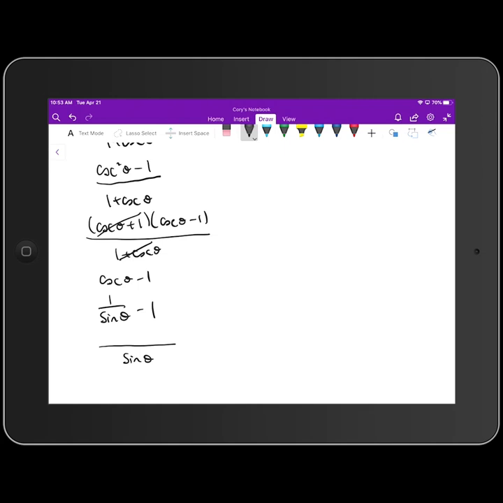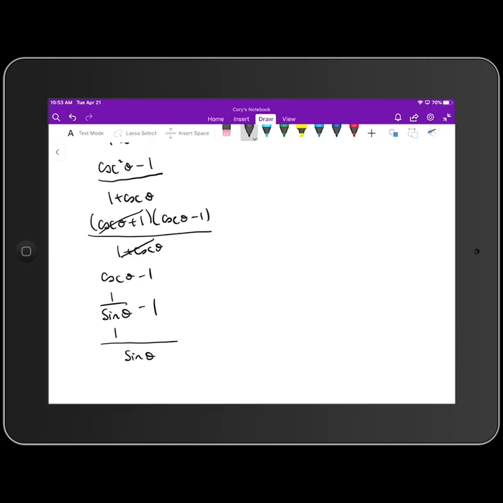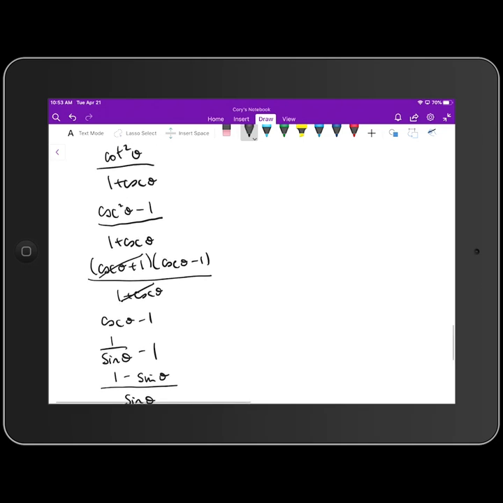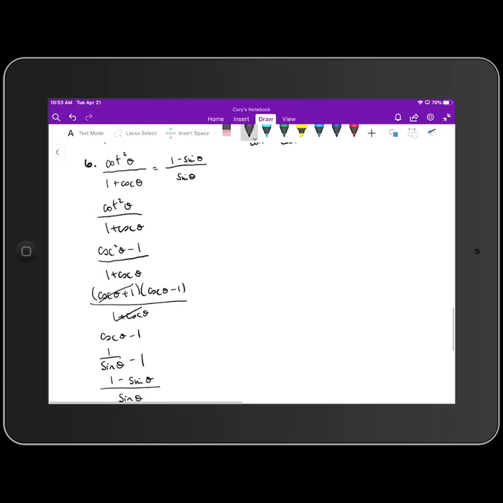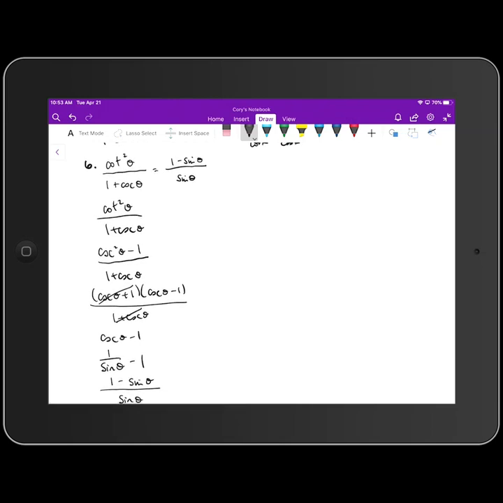That first fraction already has that denominator, so I leave the numerator alone. To give 1 a denominator of sine, I have to multiply the top and bottom by sine. So I can rewrite 1 as sine over sine. And that gives me the right-hand side of this equation, 1 minus the sine of theta over the sine of theta.